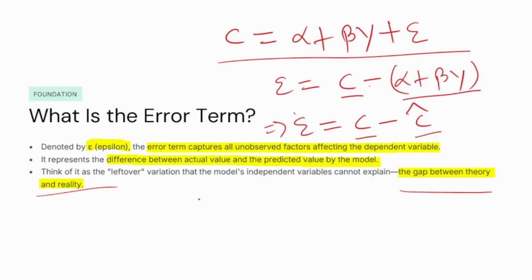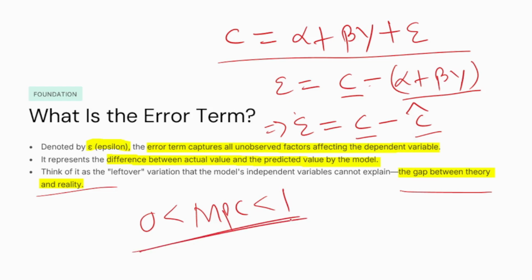For example, in the psychological law of consumption by Keynes, MPC should be lying between 0 to 1. That means consumption should be less than the income and it cannot be equal to or greater than the income. But in reality, we can find that some people used to consume more than their income by borrowing.